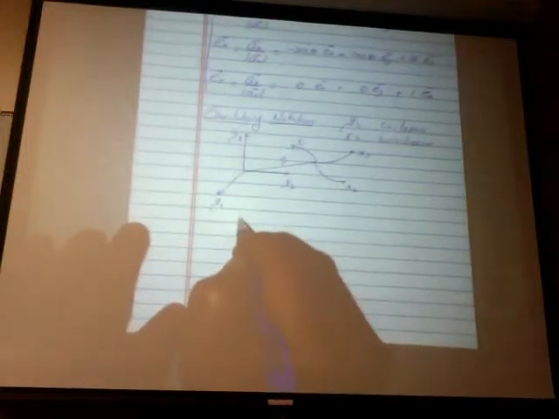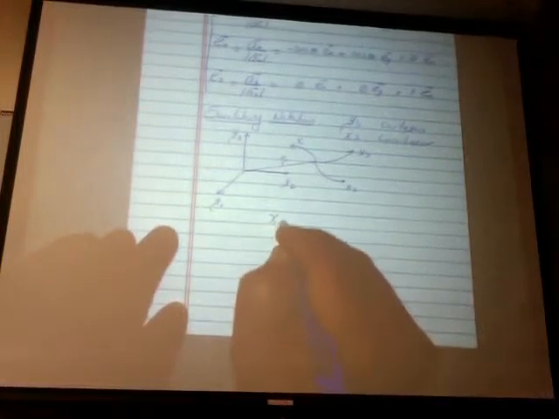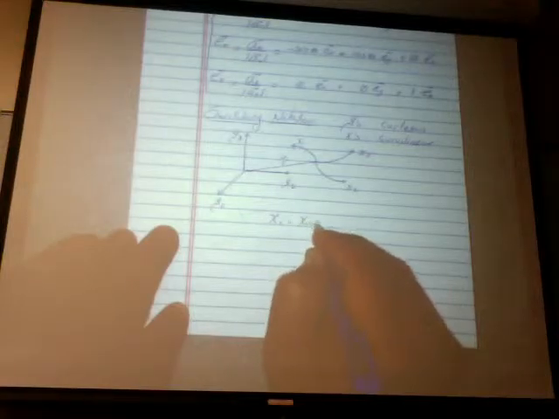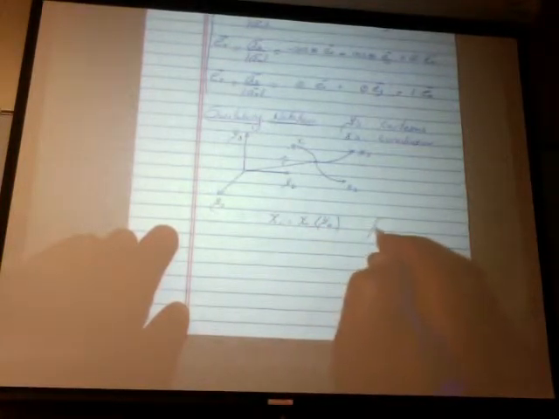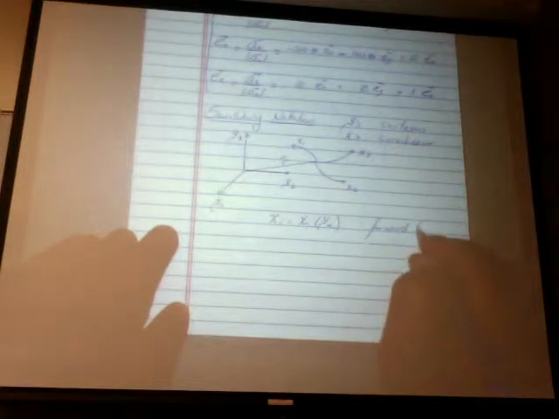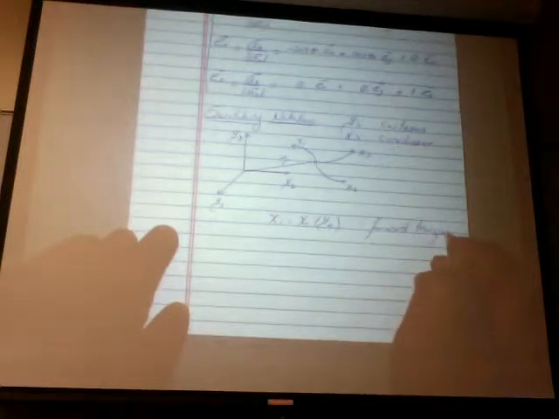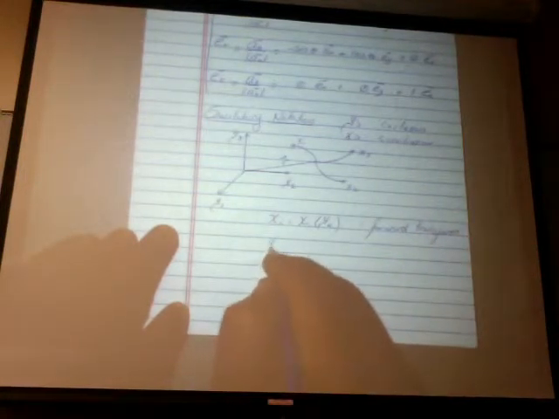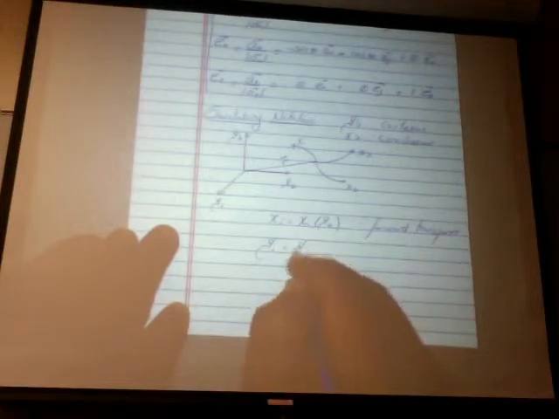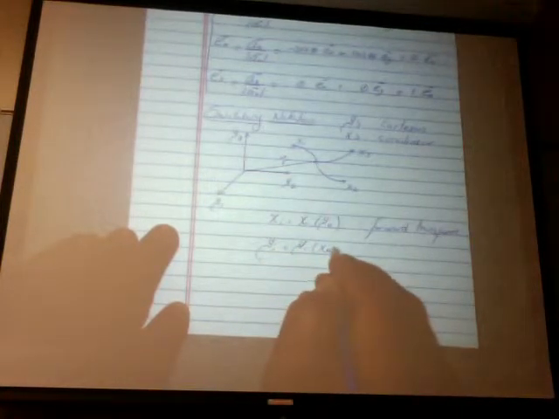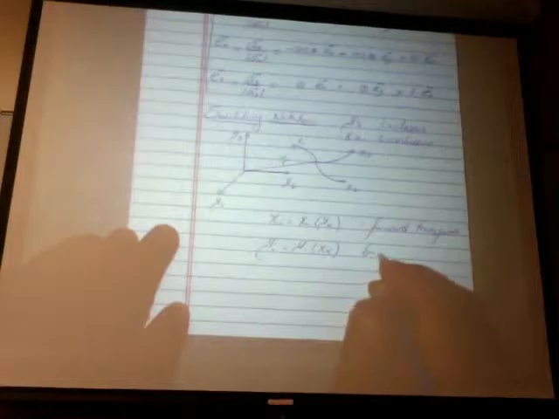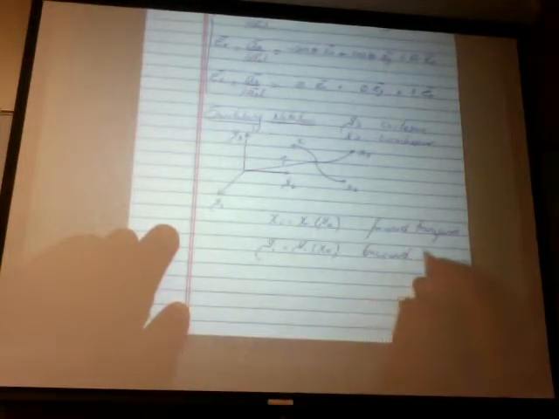Okay? Such that xi is equal to xi of yk. That's the forward transformation. And yi is equal to yi of xk will be the backward transform.